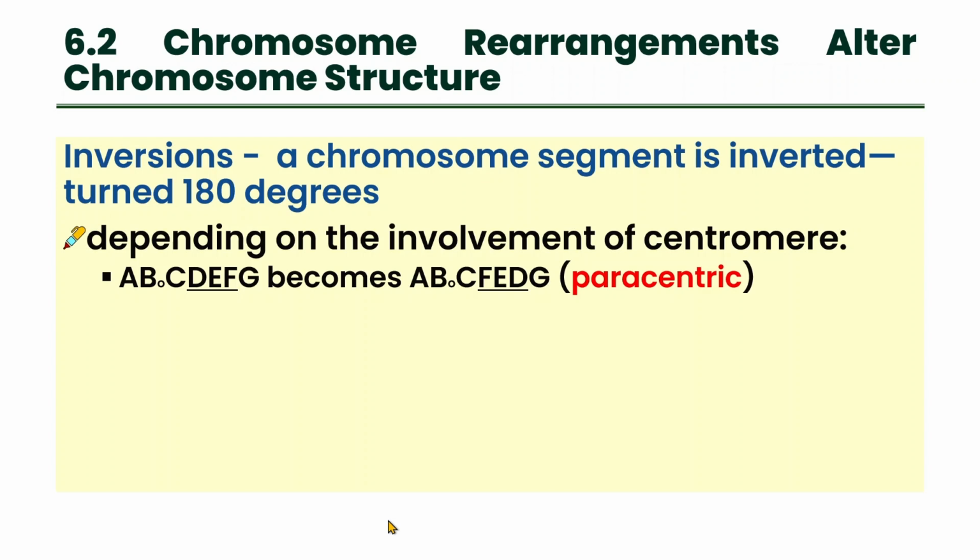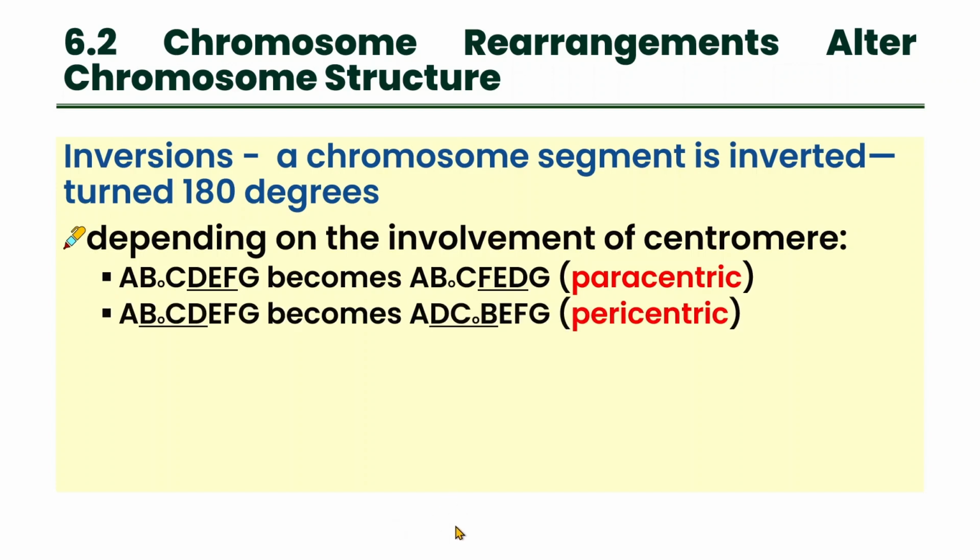This is the sequence of the genes, and there is an inversion in the sequence of DEF genes, so it became FED without the involvement of the centromere. In a pericentric inversion, the centromere is included this time, as in the case of AB centromere CDEFG. There was an inversion, and this became ADC centromere BEFG.